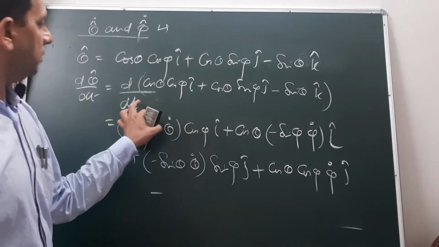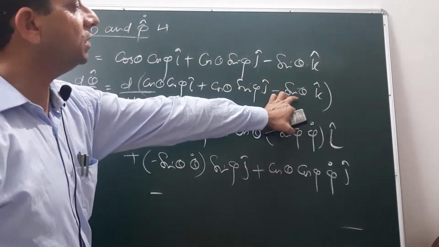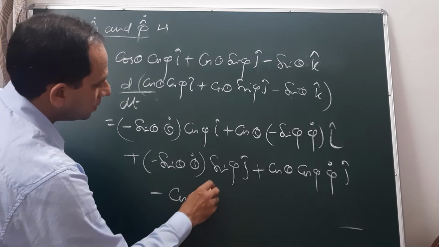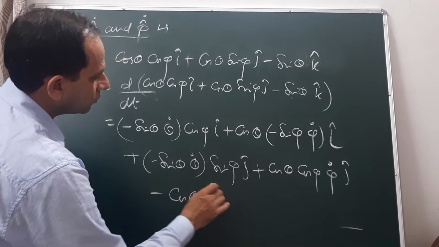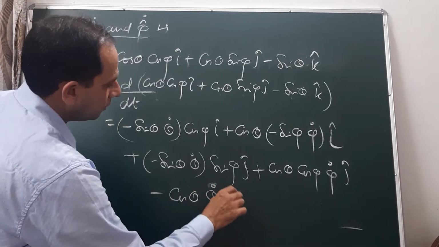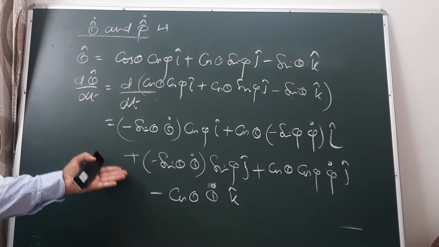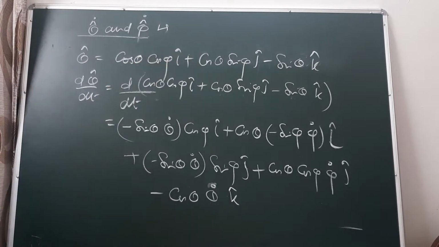And the derivative of the third term, sin theta, is cos theta into theta dot, into k cap. So, this is the derivative of the right hand side.